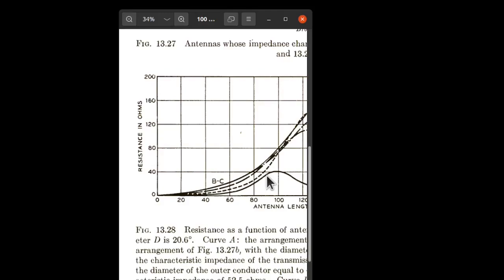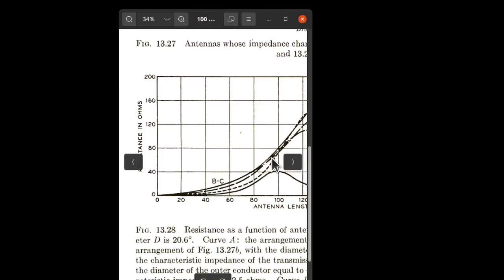That's the electrical length. That's not the physical length. The physical length is going to be slightly shorter, 5% shorter roughly. However, for that size monopole radiator, we can expect to see on the order of 37 ohms, or 40 ohms if you will. For the thicker radiator, well, it's not terribly much higher.